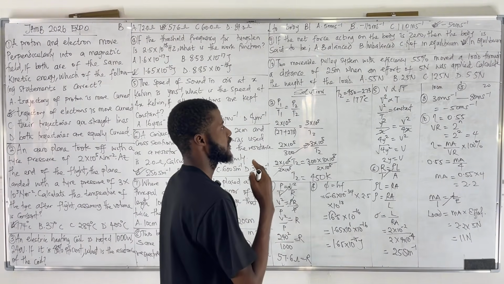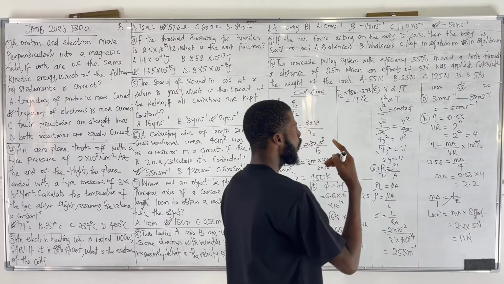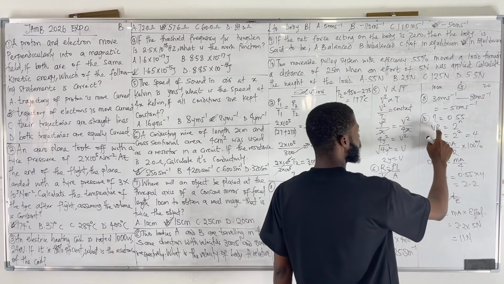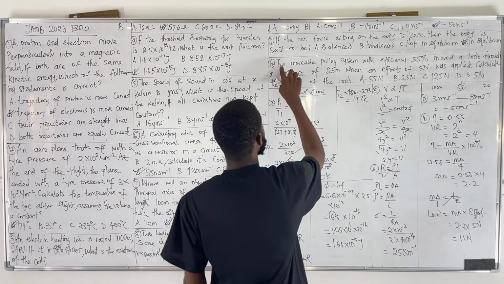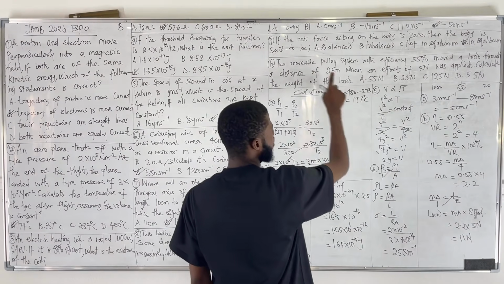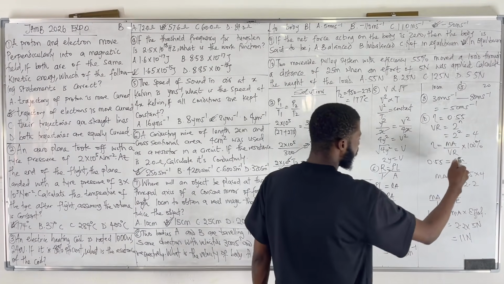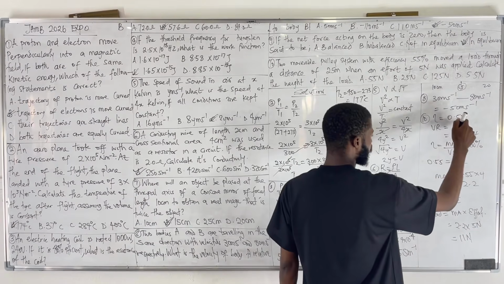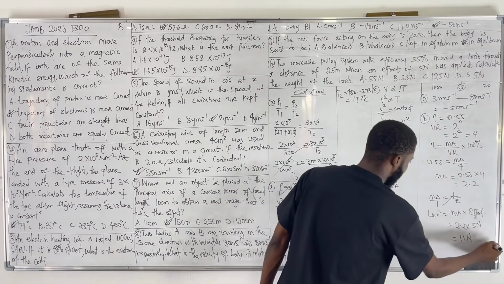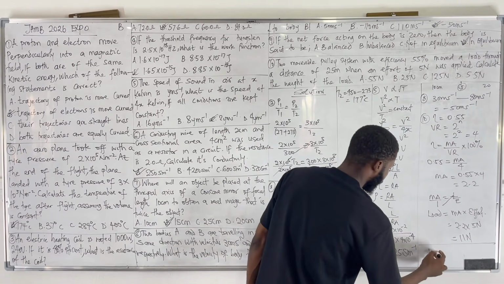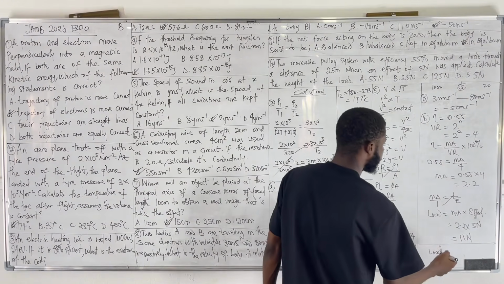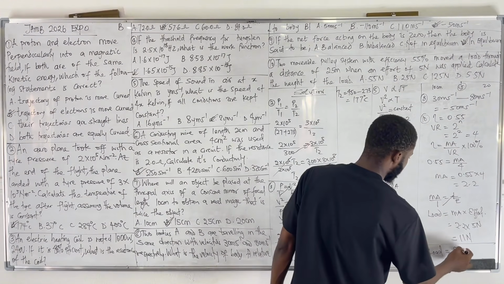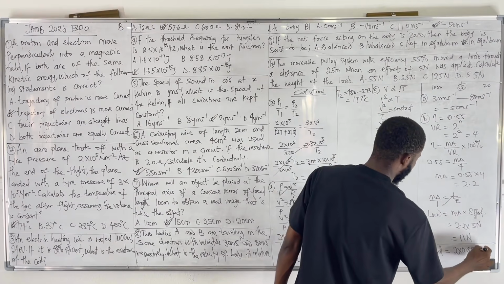So what's going to happen is, unless they used the velocity ratio as 2. If you use your velocity ratio as 2, your load will then become 2 times 0.55 times 5.